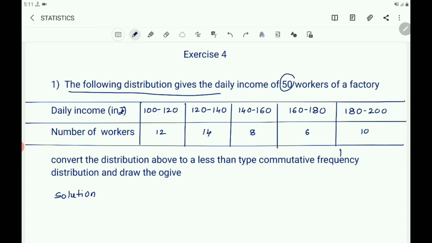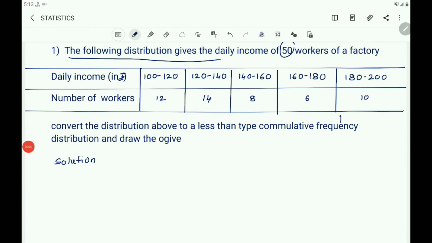The number of workers is 12, 14, 8, 6 and 10 respectively.